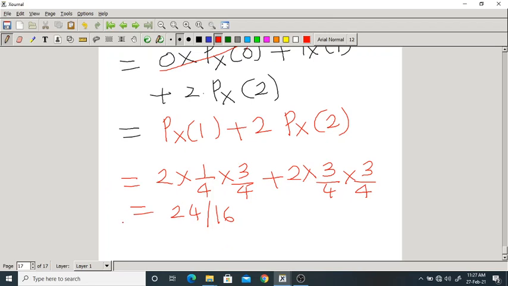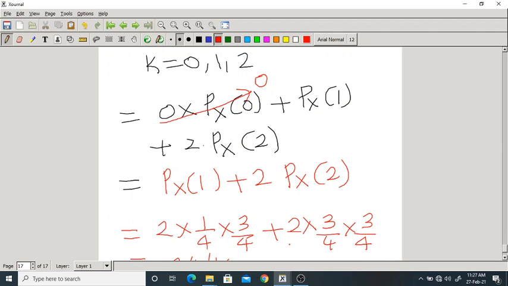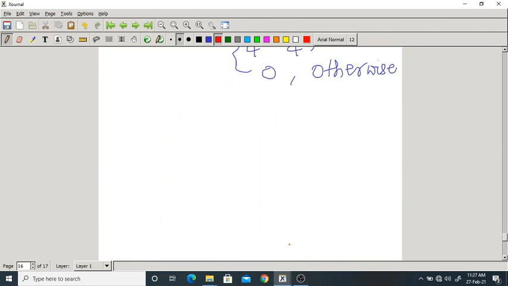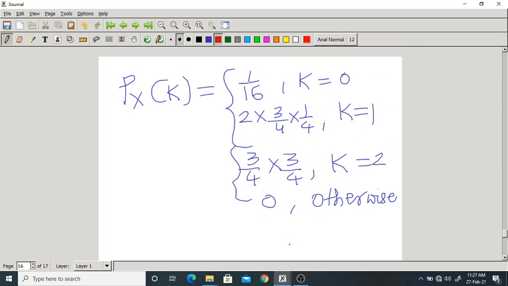So that would be equal to 3 by 2 or 1.5. So this is the mean or expectation of your random variable X. So this is the mean, 3 by 2 or 1.5, and this is the corresponding PMF. Okay. So we stop here. Thank you.